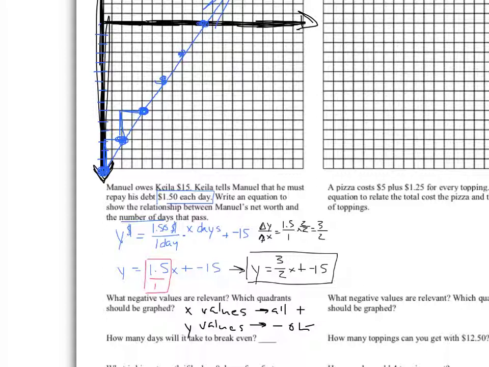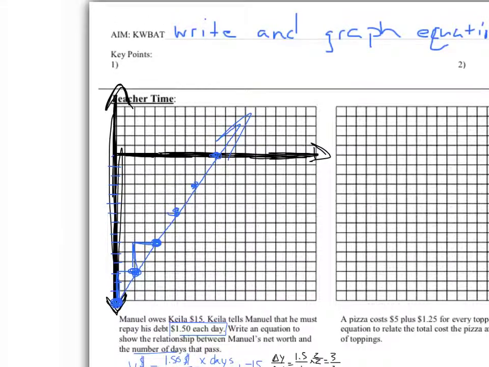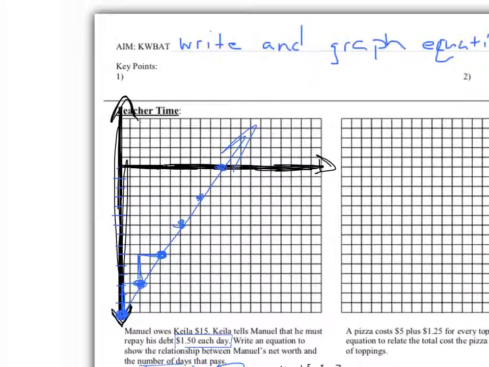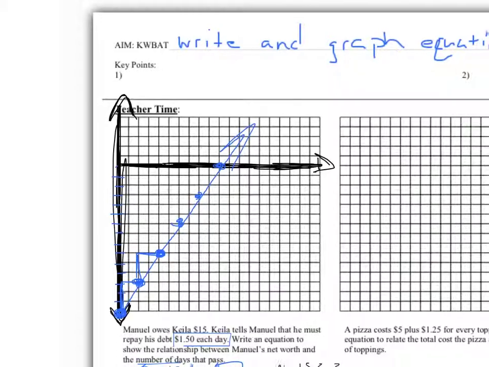Maybe it'll help to label these axes. The y-axis label should be what? Y-axis are up and down. Go back and look at your units. What are the units of your y and what are the units of your x? The y units should be what?